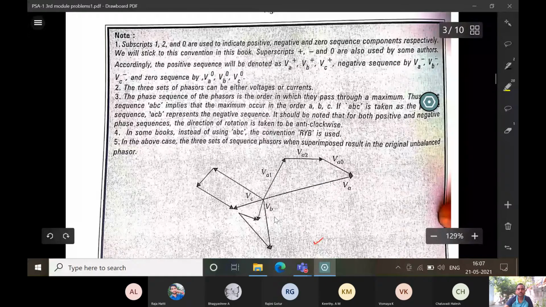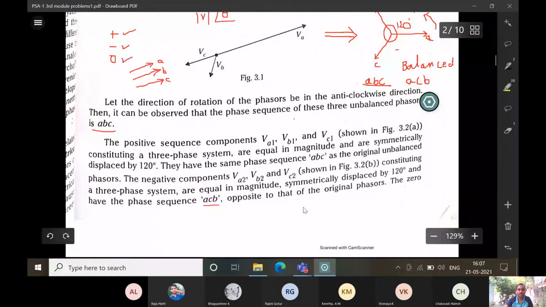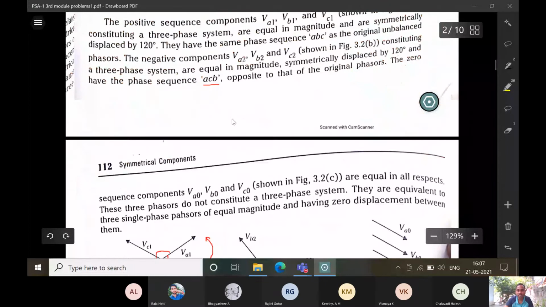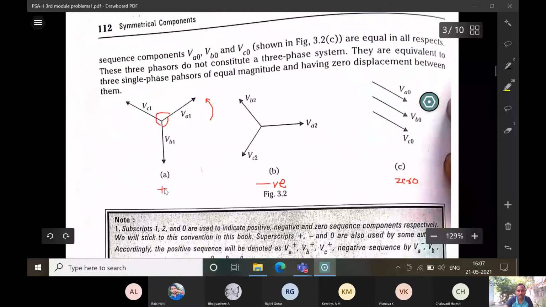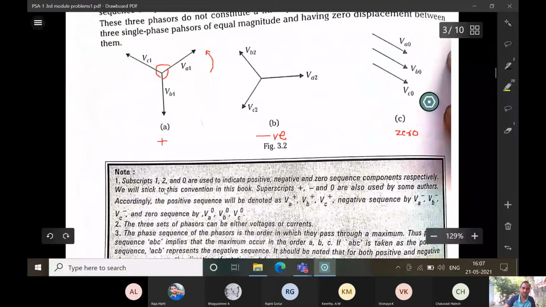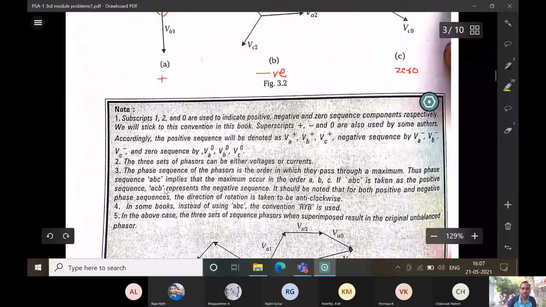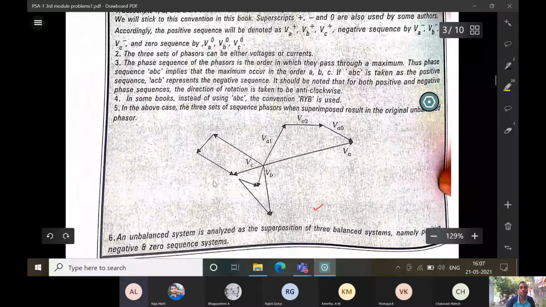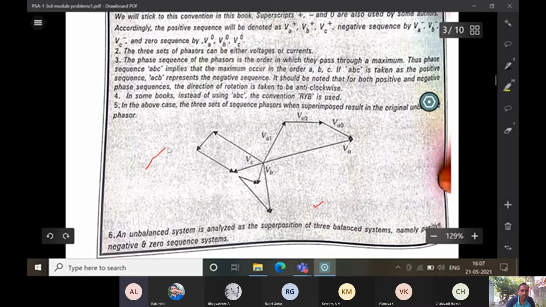VA is like this, VB is like this, VC is like this. This is the resultant component, which can be obtained from these three phasors. First, I will write VA1, VB1, VC1 as they are. VA1 is like this and VB1 is like this.